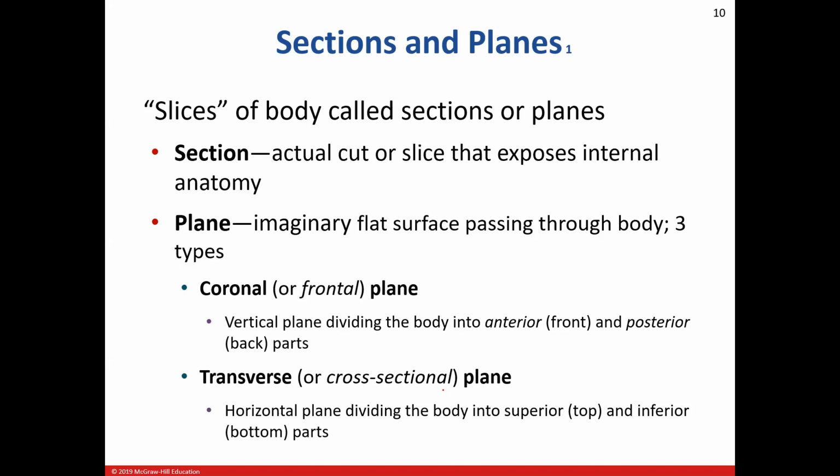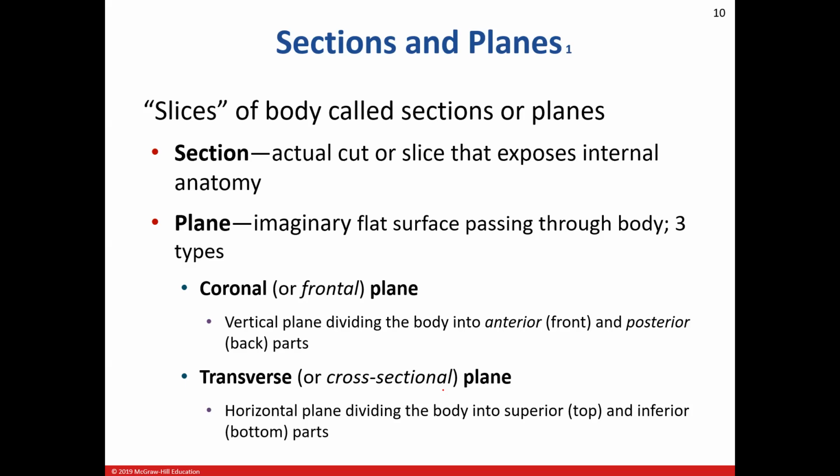When we do a section, we slice through our person and we're going to see the internal part, so we can see parts of the internal anatomy. A plane is a flat surface that passes through the body. And there's three types that we're going to discuss. Actually, we're going to talk about more than three, but there's three important ones that I'm going to use in this course.